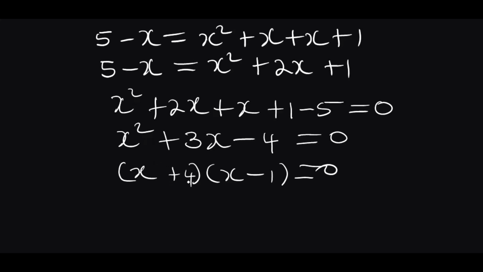Remember, the bigger number always takes the sign of the middle term. Since the middle term is positive, the bigger number in brackets, which is 4, will be positive. Now, x is equals to negative 4, or x is equals to positive 1.